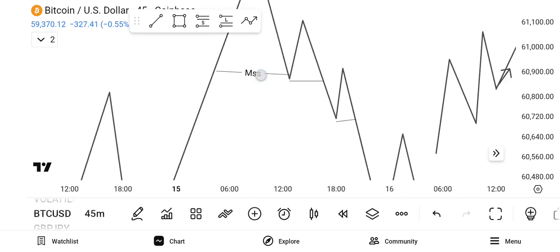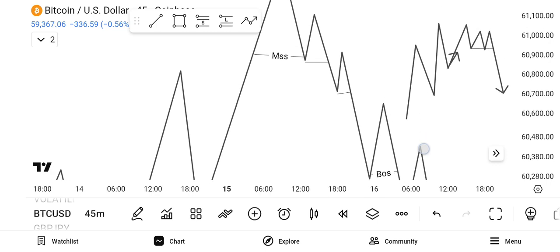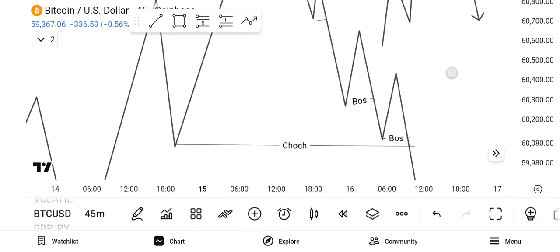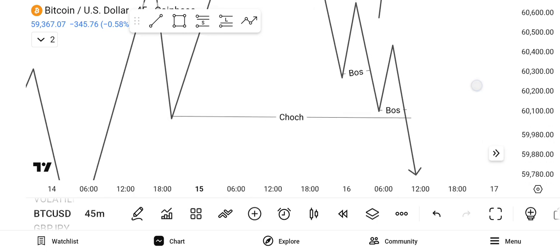This is a market structure shift where market makes a change from the upside to a downside, or from the downside to the upside. These are break of structures where market is taking out previous lower lows or lower highs or higher highs.